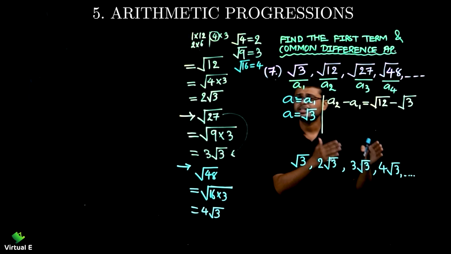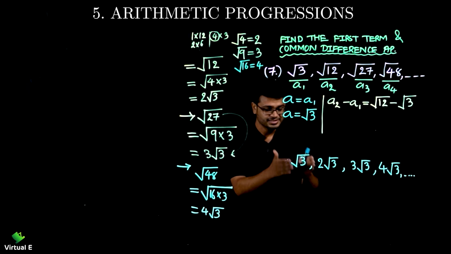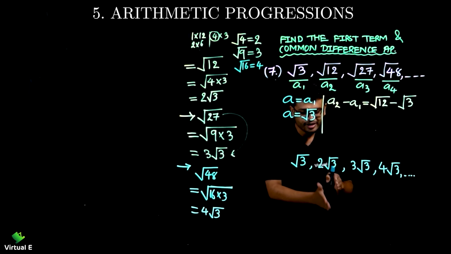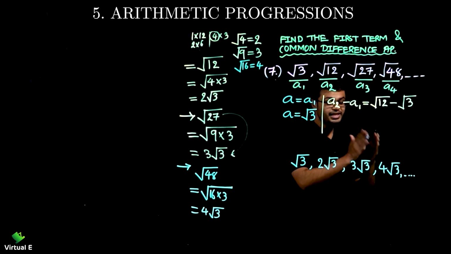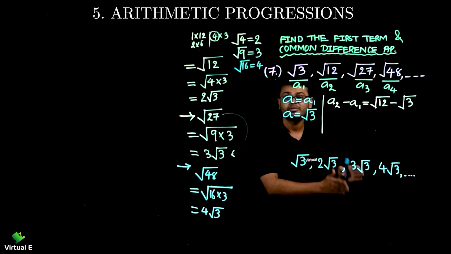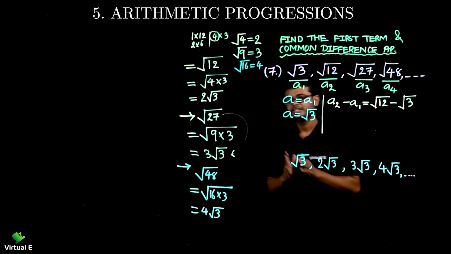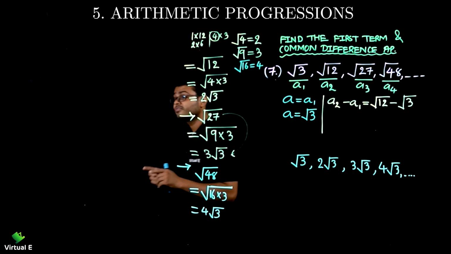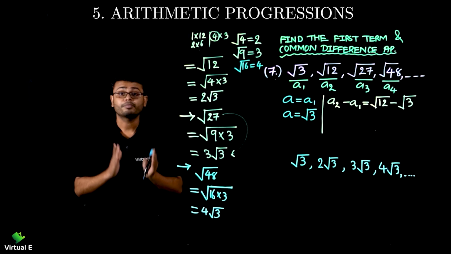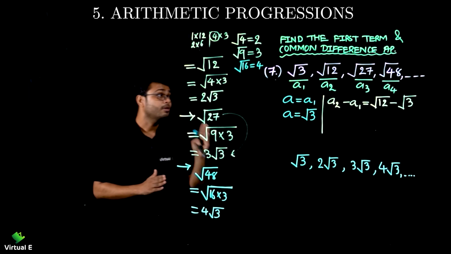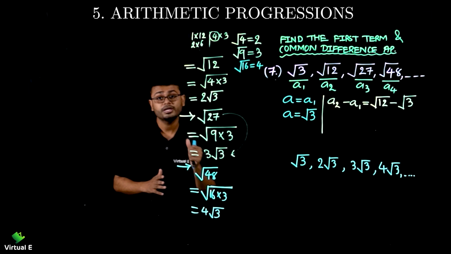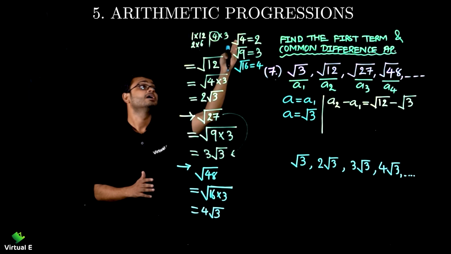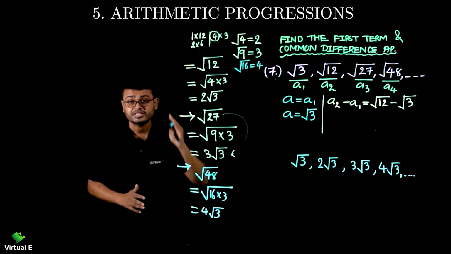Can you tell me which will be the next term? Very simple it is. Square root of 3, 2 square root of 3, 3 square root of 3, 4 square root of 3 and next will be 5 square root of 3. So this is very easy. The most important step you need to do for this kind of question is proper simplification. Do proper simplification, and the most important concept you need to use here is to factorize in the form of a perfect square.